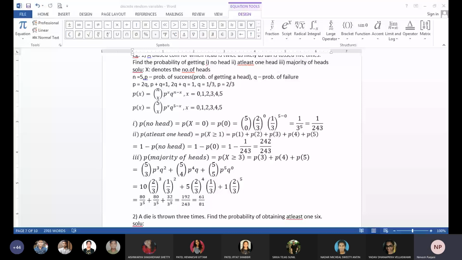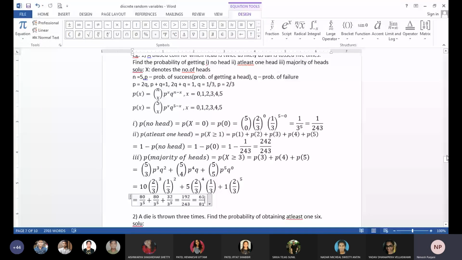Because when x is 3, that means I will be getting 3 heads and number of tails will be 2. Then x is 4, so 1 tail. When x is 5, so 0 tails. So we get P of 3 plus P of 4 plus P of 5.